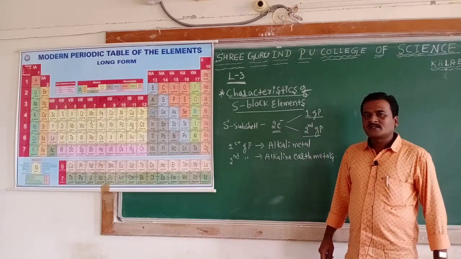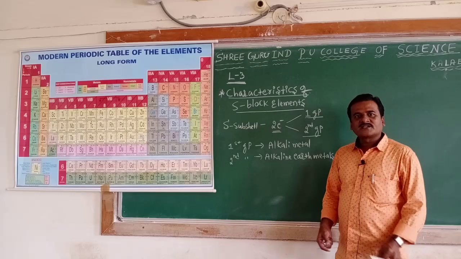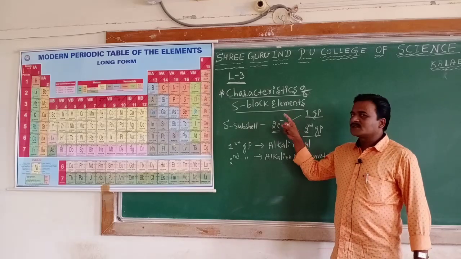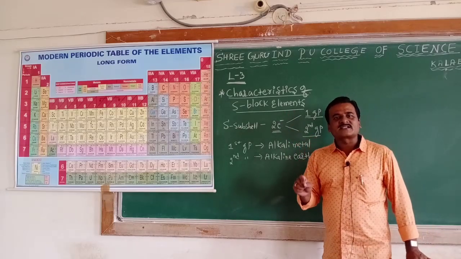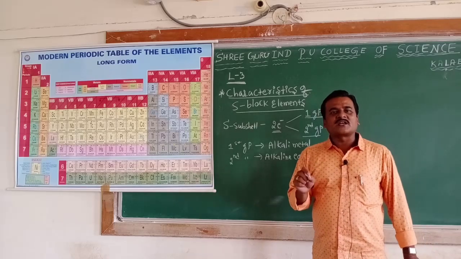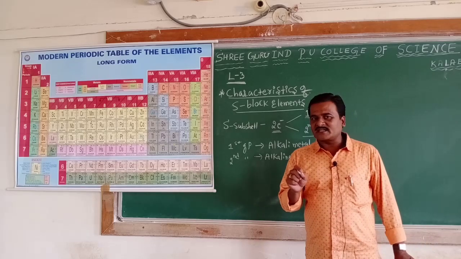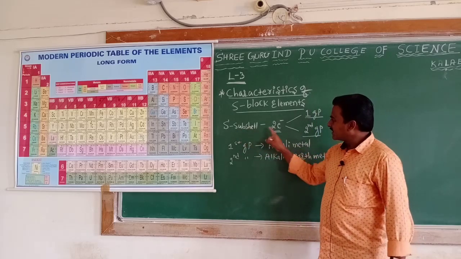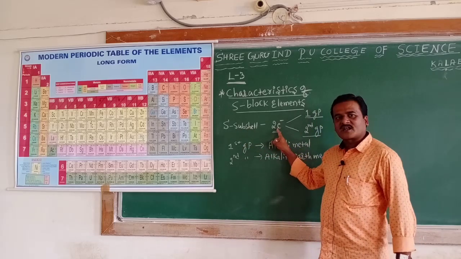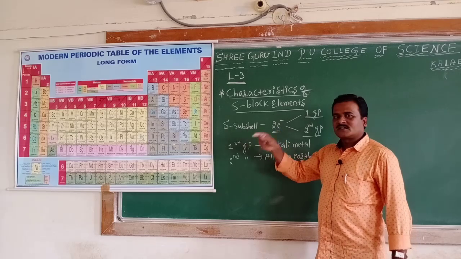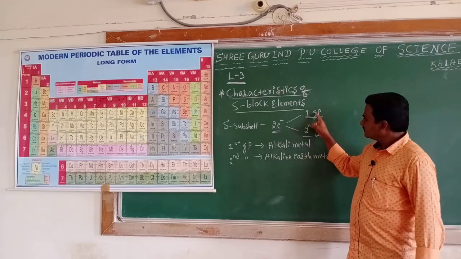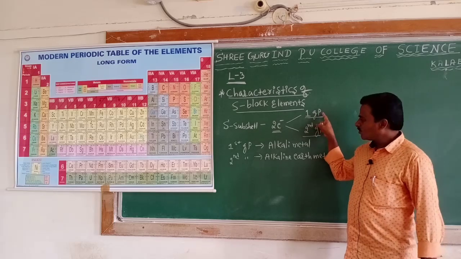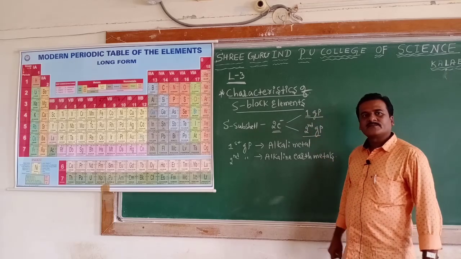I repeat, the elements in which the last electron enters into the S subshell of the outermost orbit are called S block elements. Since the S subshell can contain a maximum of 2 electrons, the S block contains 2 groups, group 1 and group 2.